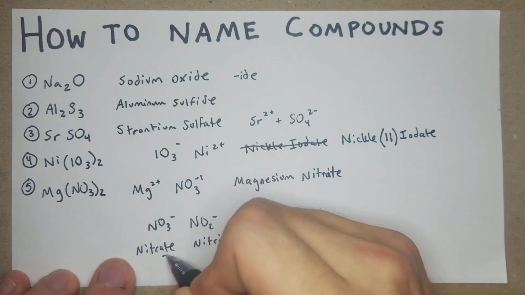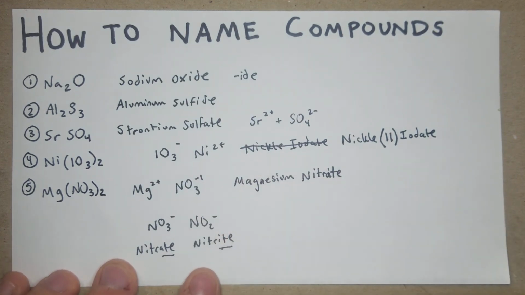So once you get a hang of all these endings, you can apply them to some of the other ones. It's the same, I believe, with sulfite, which is SO3 2-, and sulfate with a 4.